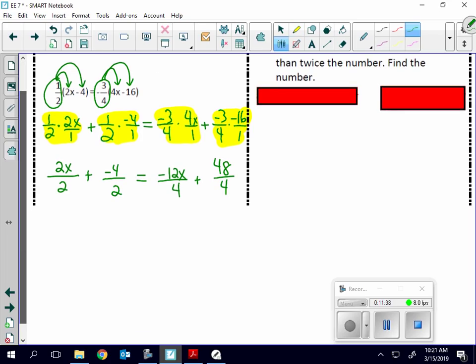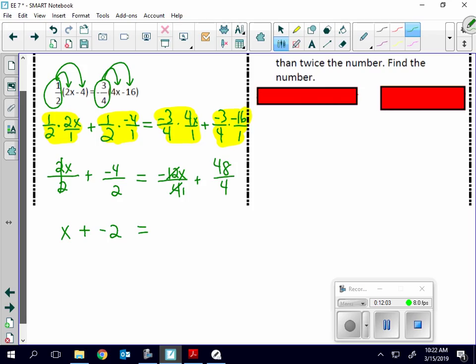Okay, now let's do some division here. 2x divided by 2. Well, the 2's cancel, leaving me with x. And I can write a plus there. Plus a negative. Well, negative 4 divided by 2 is just negative 2. You can use your calculator if you want. And what can be simplified here? Well, I can divide the top and bottom by 4.